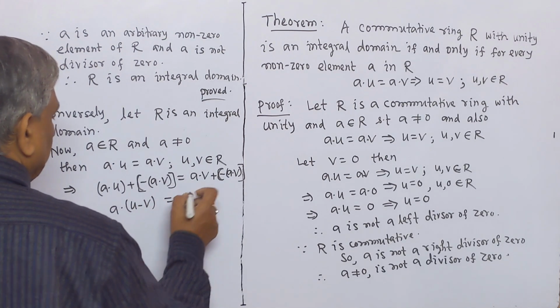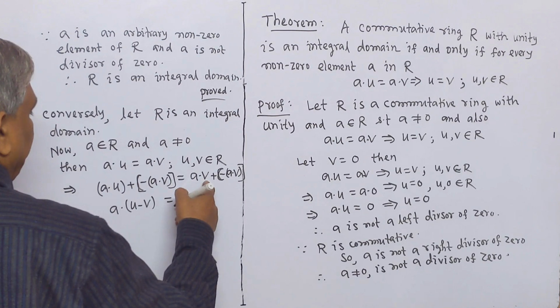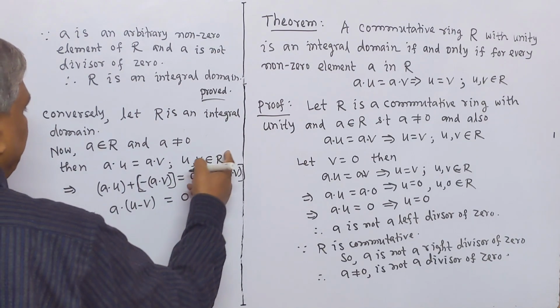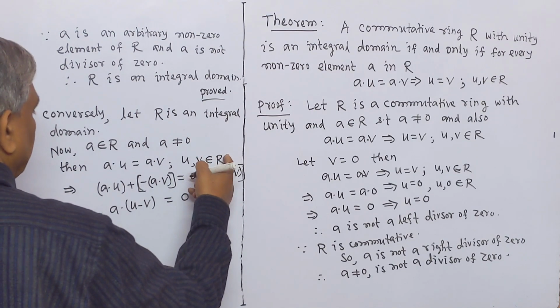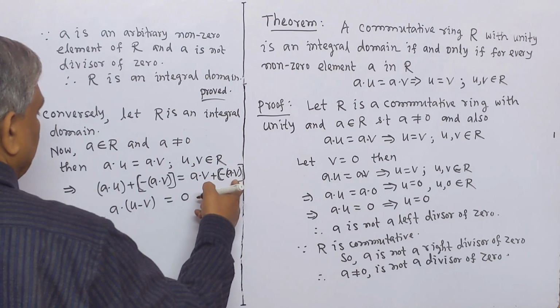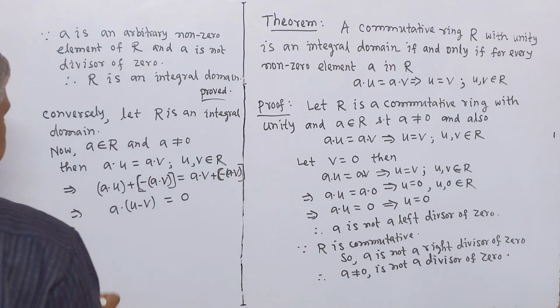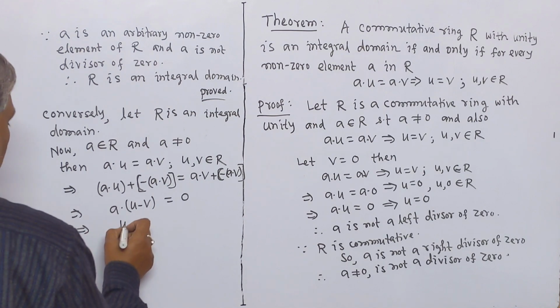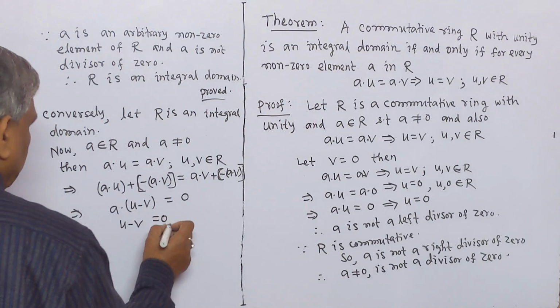Here 0 element, a multiply v is an element of ring R, means integral domain R, and this is the additive inverse. Implies that u minus v equal to 0.